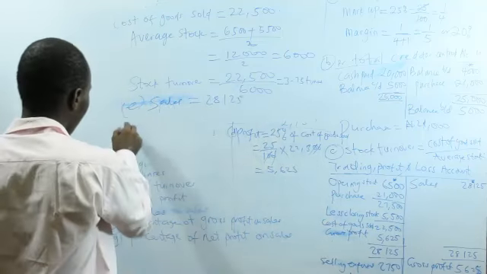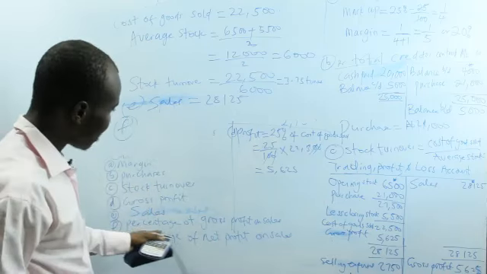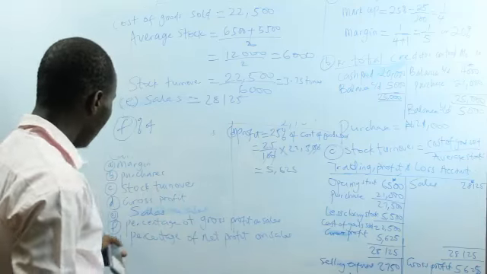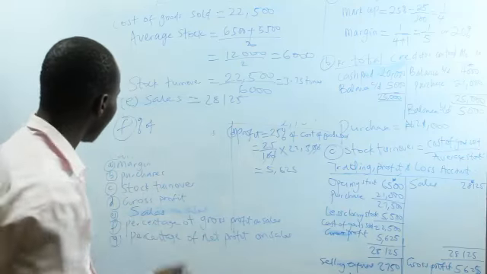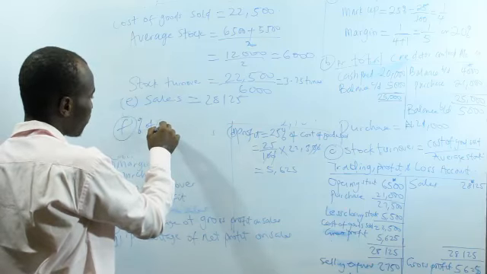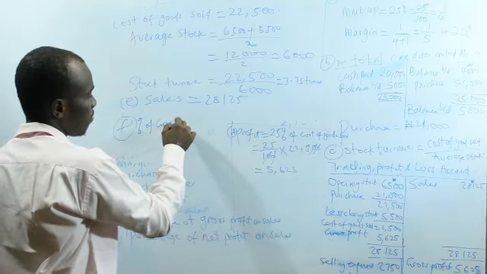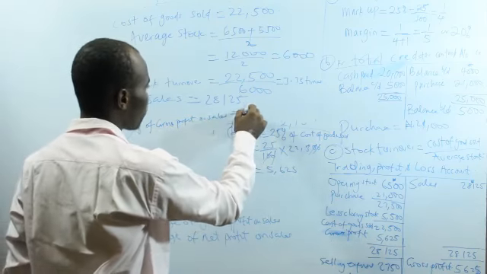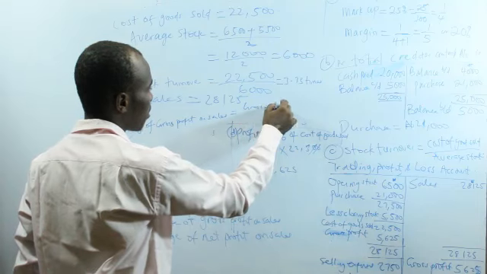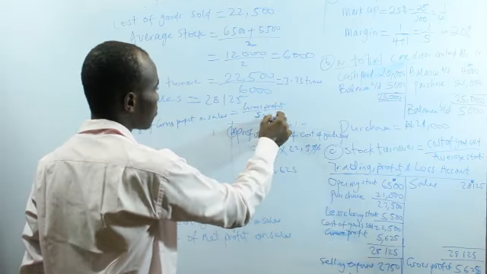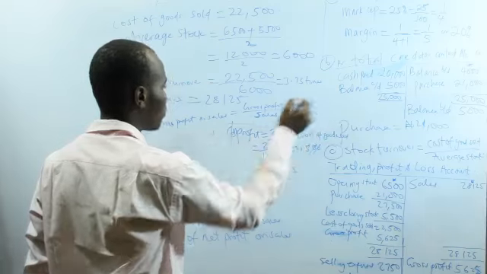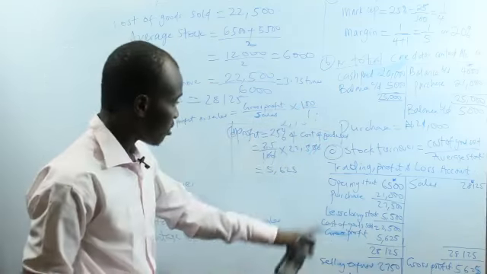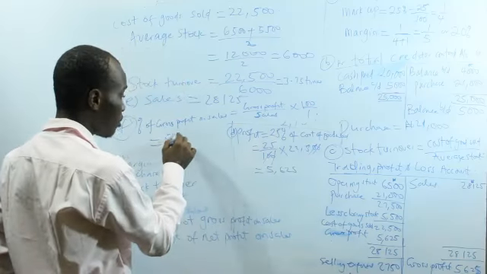And F, we have to calculate the percentage of gross profit on sales. So the percentage of gross profit on sales is the gross profit over sales times 100 over 1. What is our gross profit? 5,625.